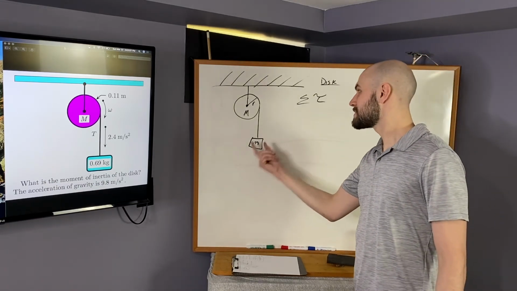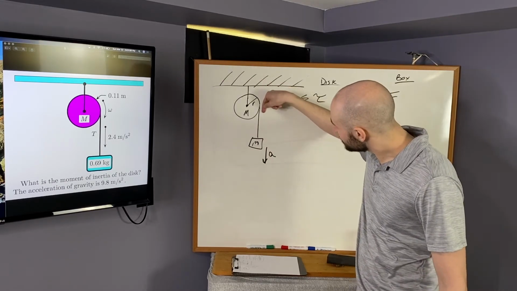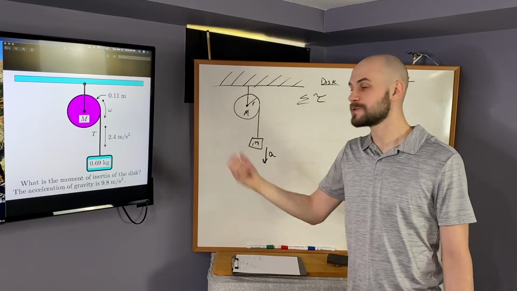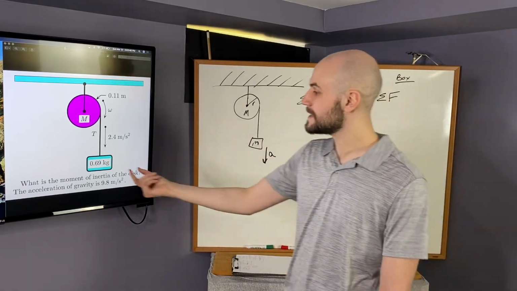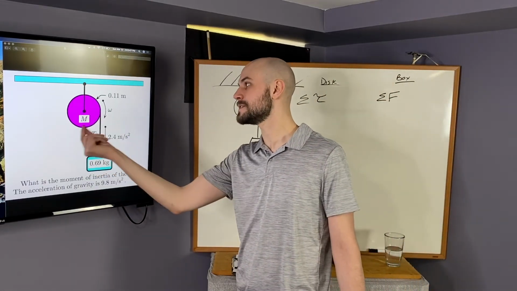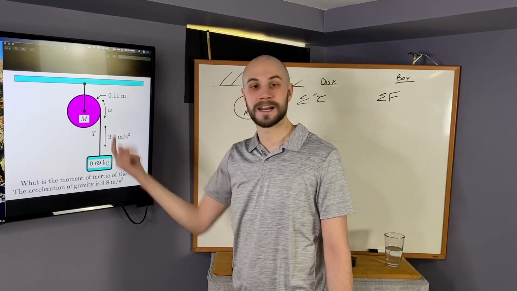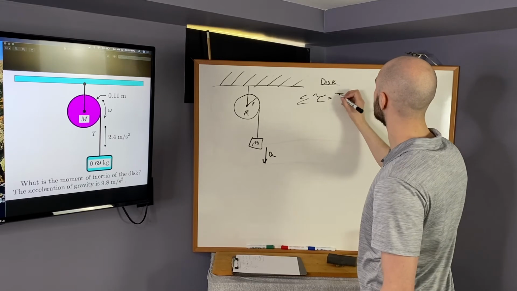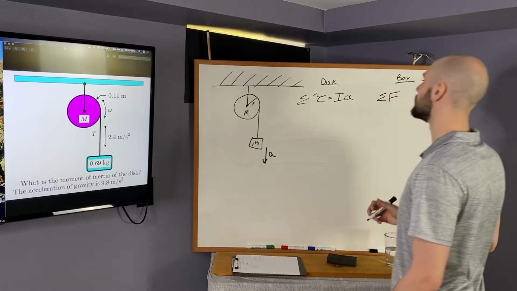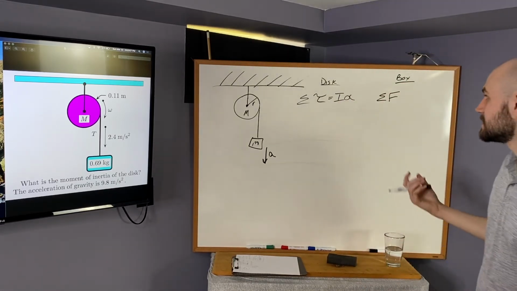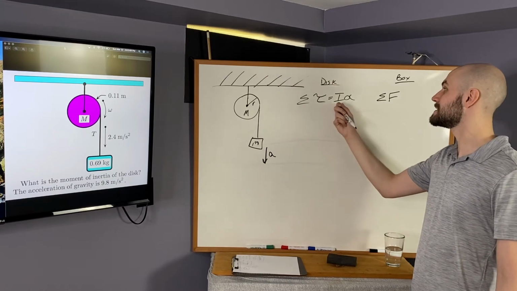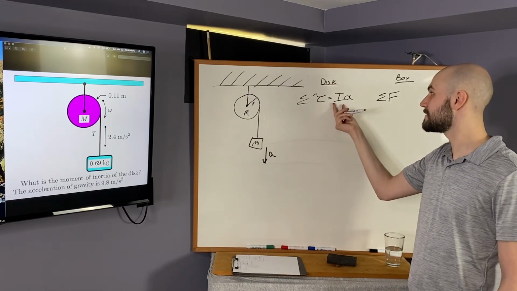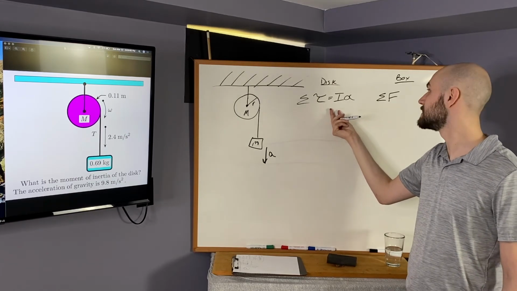So when we let this box go, there's really only one linear force acting on this disk, which is going to change the rotational motion of the disk. The very fact that this is accelerating downwards tells us that this is going to be spinning at a faster and faster rate. So the sum of the torques is equal to I alpha, because there is a net torque acting on the system. And this is great because now we could see that our I popped up, and we could use this to find the rotational inertia of the disk itself.